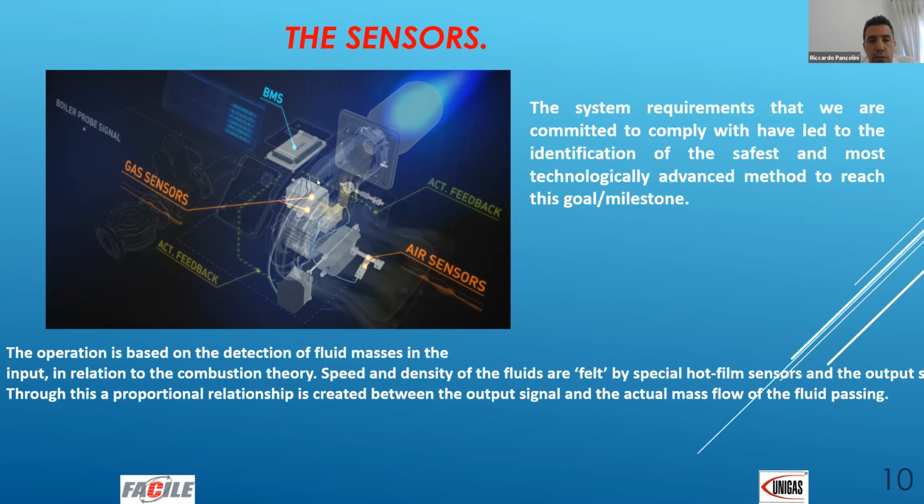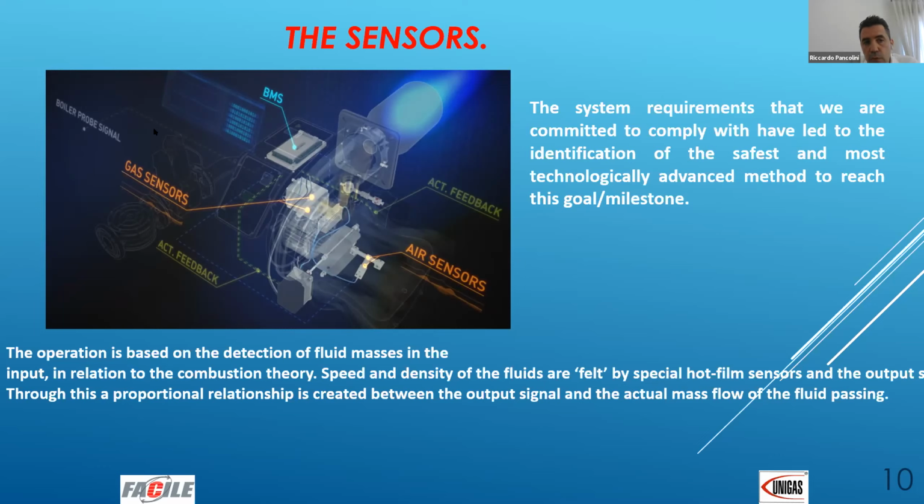And we can control the actuators based on the sensor feedback. So the sensor feels the flow that is passing through it, and the system can adapt the position of the actuators immediately to guarantee the best ratio between the gas flow and the air flow.